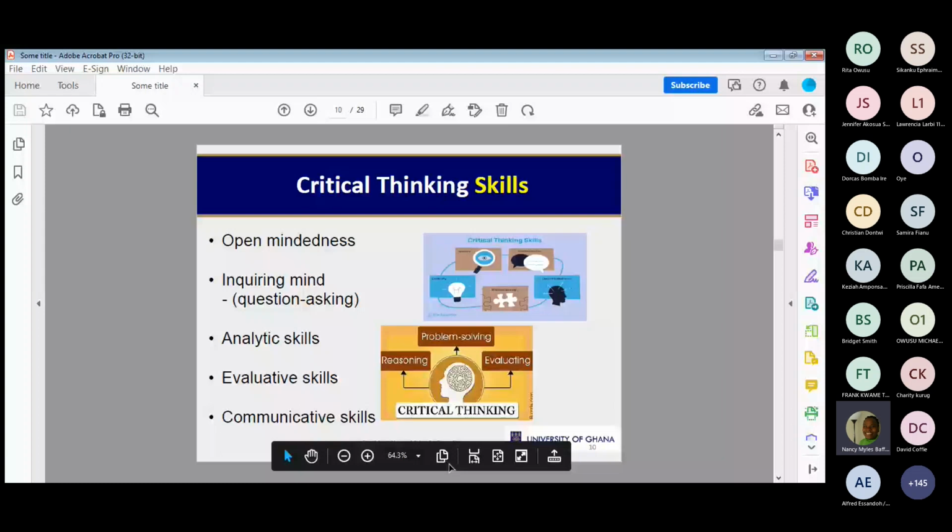So you will see that these are skills that we believe if you take this course seriously, you will not just get an A, but you would also have yourself equipped with what? Open-mindedness. An open-minded person is not easily swayed. You're not easily pushed left or right because you give everybody the benefit of the doubt, even in that law court, even where you caught the person supposedly red-handed.